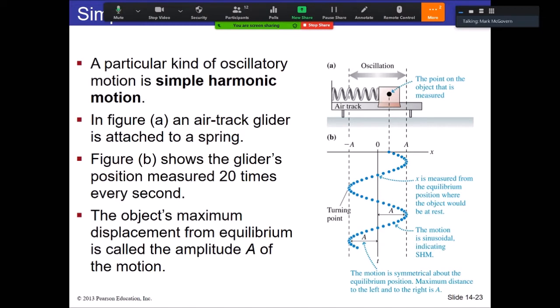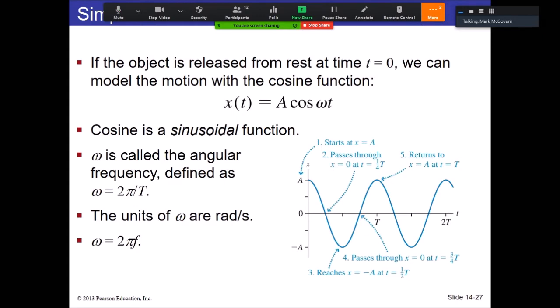And you can see at the bottom here, there's a position versus time graph. Time flows as you go down on the graph, and we can get a good sense of the mathematical nature of the graph. You can see it resembles sines and cosines here. The maximum displacement from the equilibrium position is what we refer to as the amplitude, and we use capital letter A to indicate that.